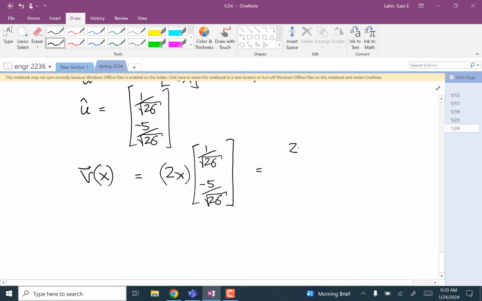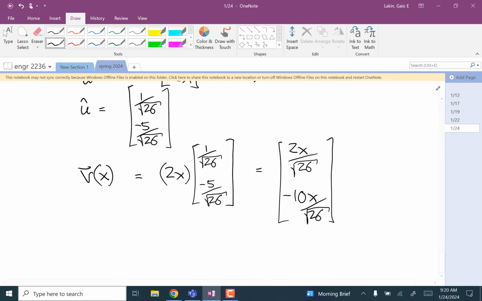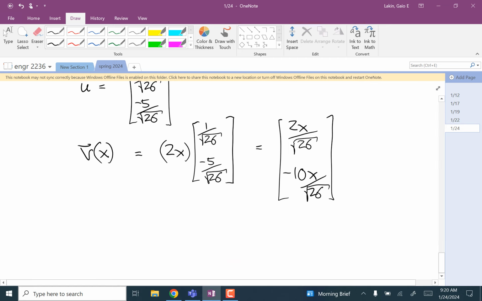So, 2x over root 26, negative 10x over root 26. Any questions about that, coming up with the velocity as a function of x? And now we're at the starting point of the chain rule.